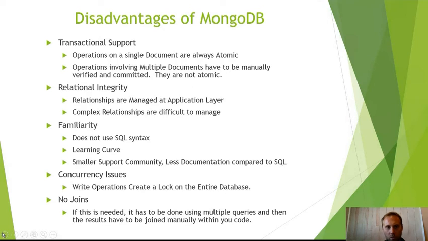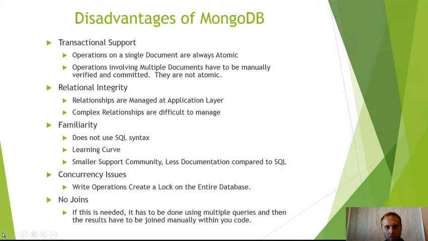Let's look at maybe a few of the disadvantages. So transactional support's one. Operations on a single document are always atomic, but if you want to run a transaction that involves multiple documents, there's no such thing in MongoDB. You'd have to manually verify your code and commit it.